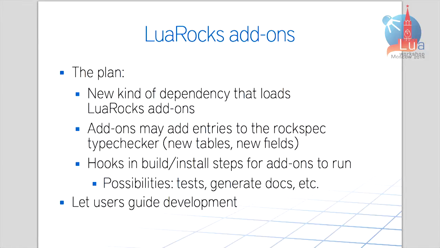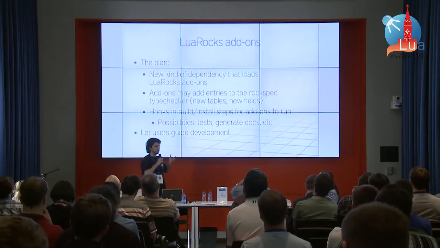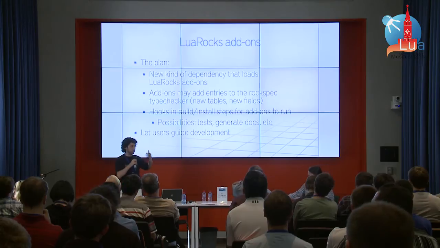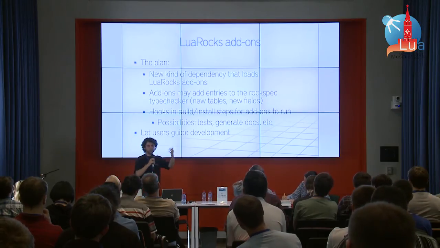So my plan, and this is the future part of the talk, which hopefully we'll look back at in a future talk, is that we should have a concept of add-ons, which means we have to modularize LuaRocks, let rockspecs specify which parts of it they need, and version those as well, so each subsection can evolve at its own pace.